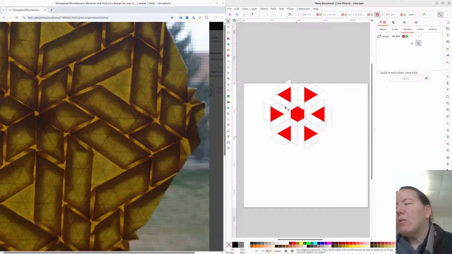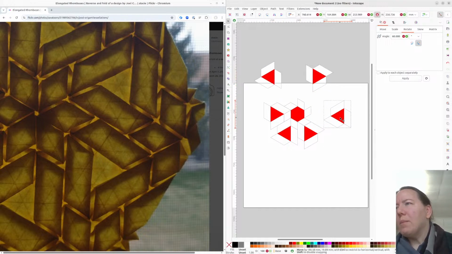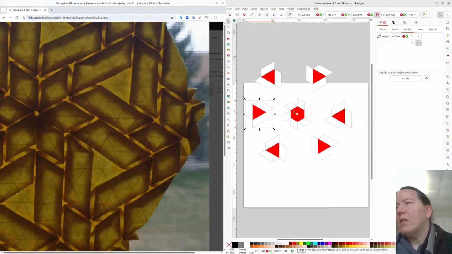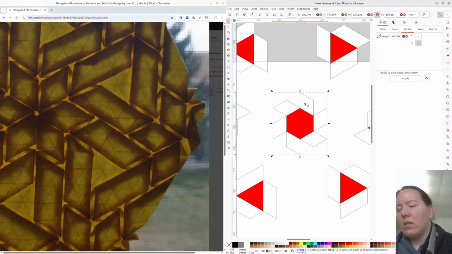I'd be willing to bet, actually, that there's some form of rhombus going on in there.